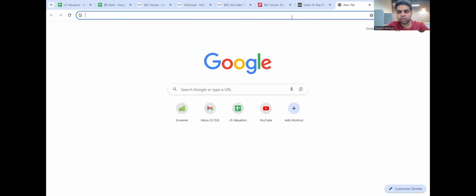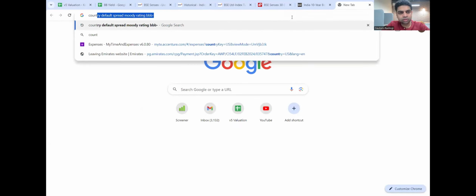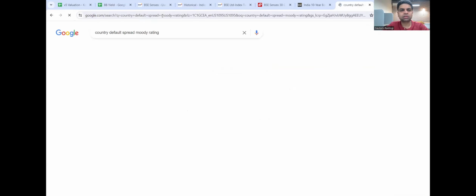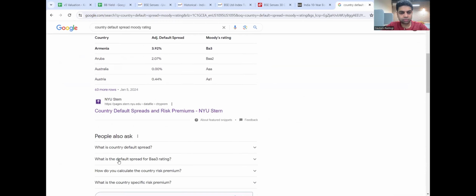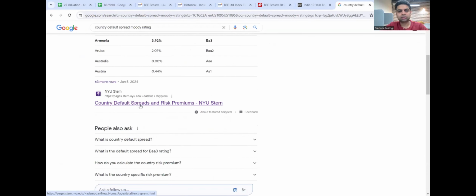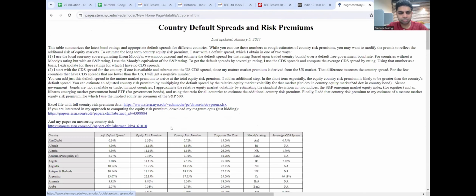Okay. So go here, and type country default spread. Country default spread based upon Moody's rating. Click on this NY Stern website.